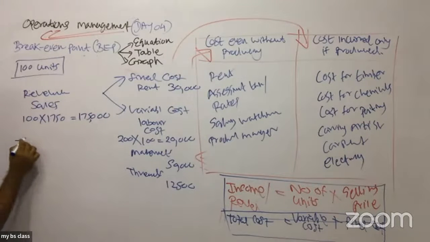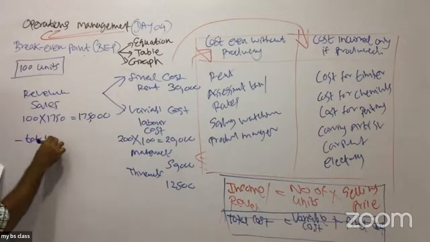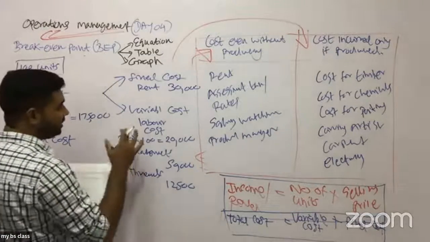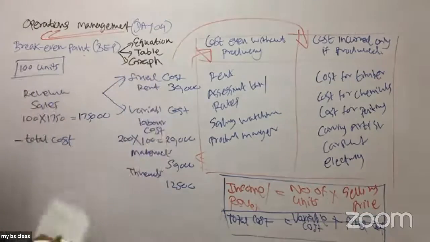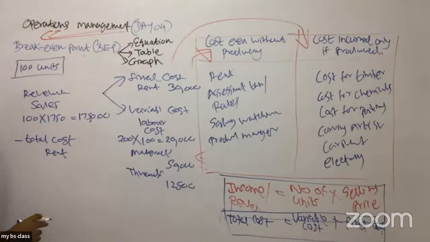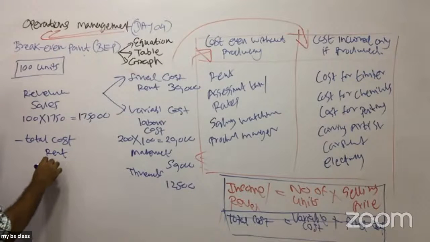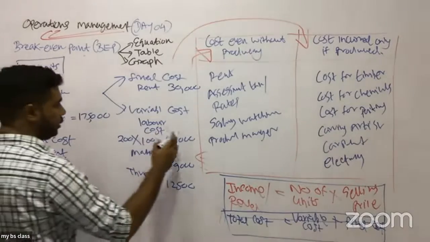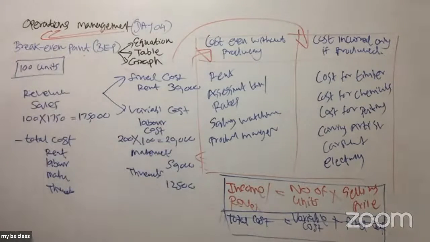Then we subtract the total cost. The total production cost is your fixed cost plus your variable cost. You got the rent and you got the labor cost and the materials and threads.